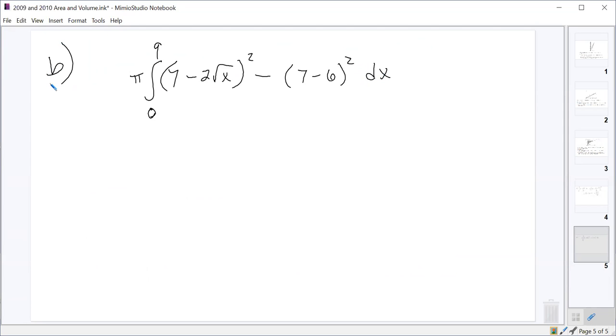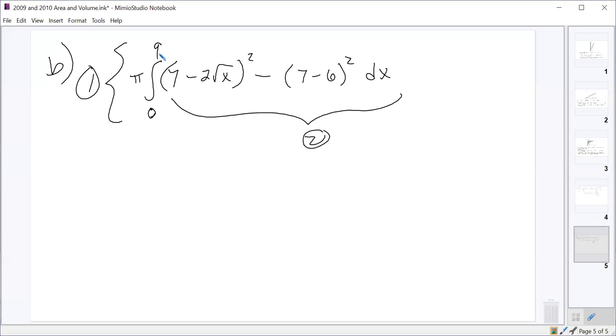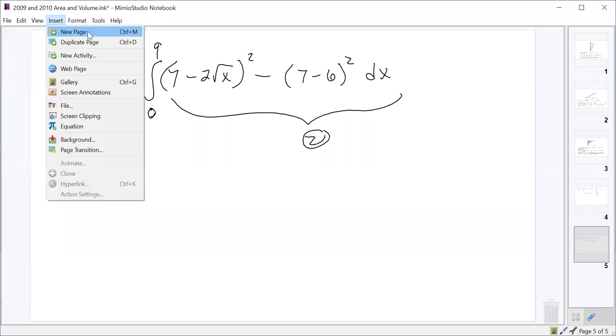And just writing that as 1 squared or 1 is fine. 2 points for the correct thing inside of here, and 1 point for the right interval and the pi. Everybody good there? Any questions on part B? Nope.